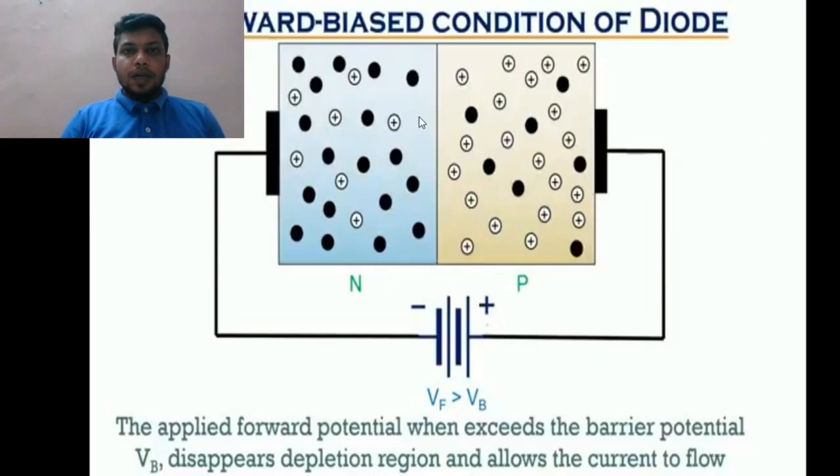When the voltage is applied, the positive side attracts the electrons, and the negative side attracts the holes. It will repel these positively charged holes, and here it repels the negatively charged electrons.